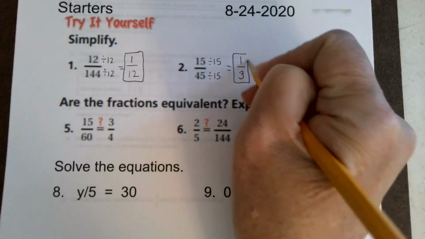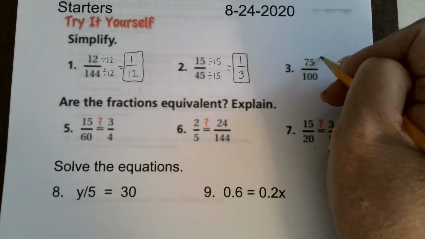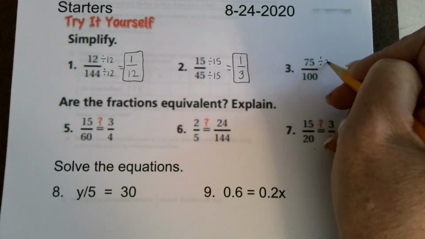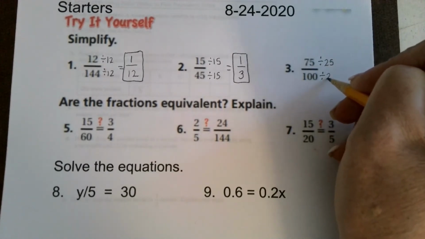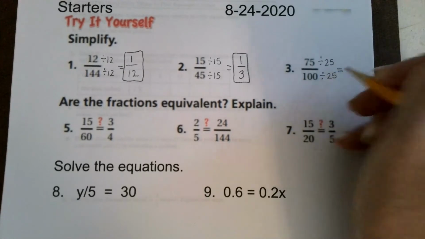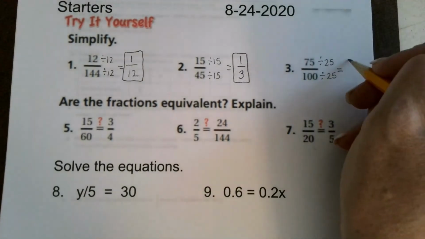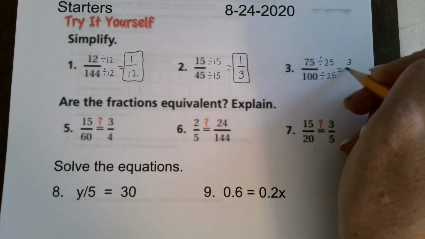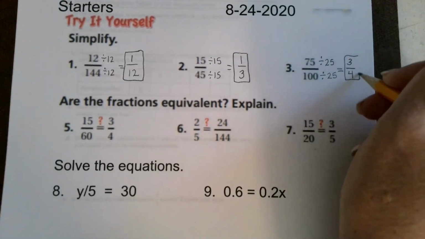Simplifies to 1/3. 75 and 100, you can divide both of those by 25. And 75 divided by 25 is 3. And 100 divided by 25 is 4. So we've got 3/4.